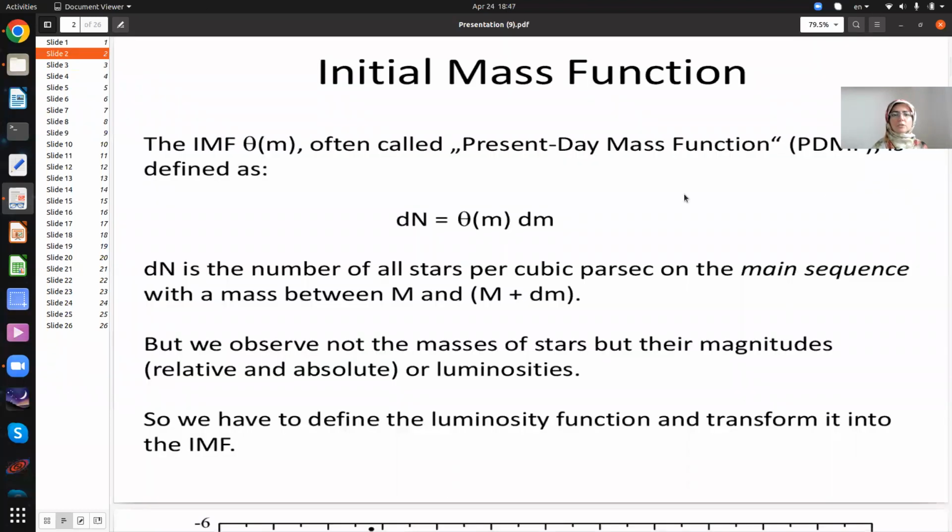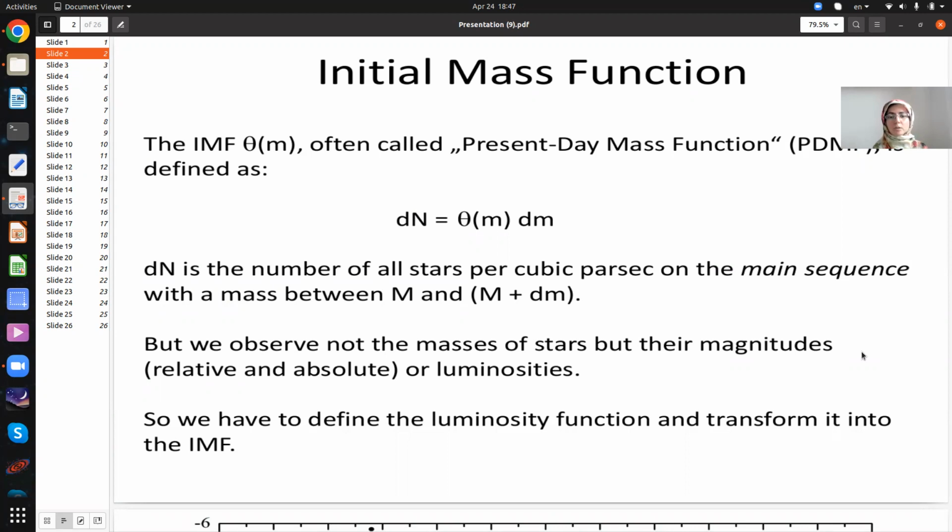Initial mass function. The initial mass function theta(m), often called the present-day mass function or PDMF, is defined as dN equal to theta(m) dm. dN is the number of all stars per cubic parsec on the main sequence with a mass between m and m plus dm.